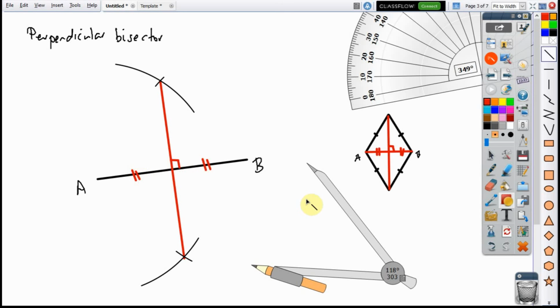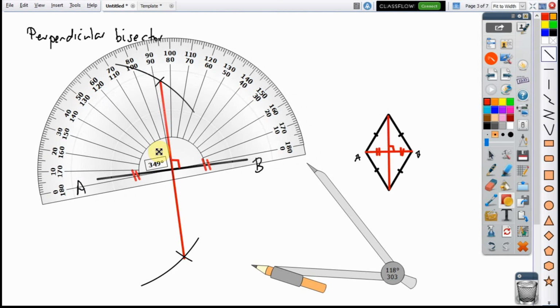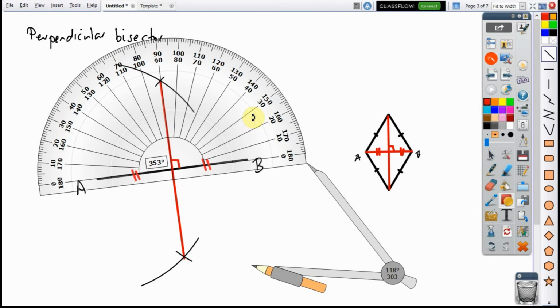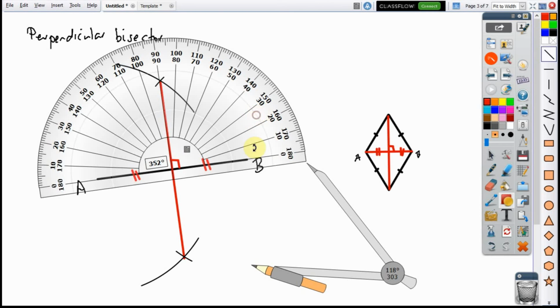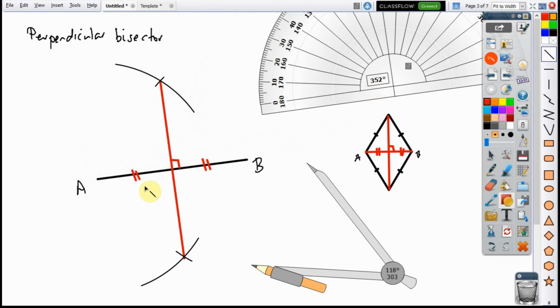There we go. I could bring the protractor in just to check that it is in fact 90 degrees. It's always a good idea to check your answers if you can. And if I wanted to, I could bring a ruler in and just make sure that those two distances are equal as well. That is the perpendicular bisector.